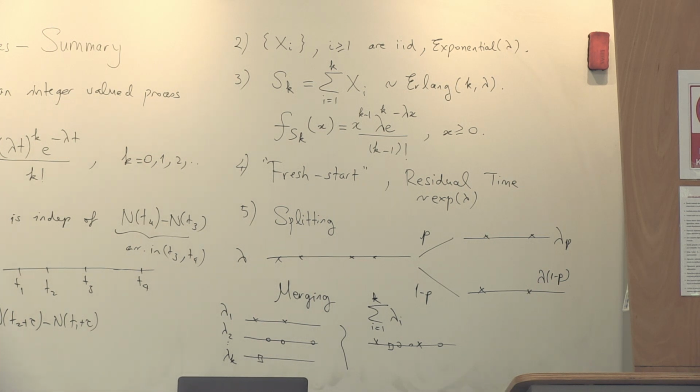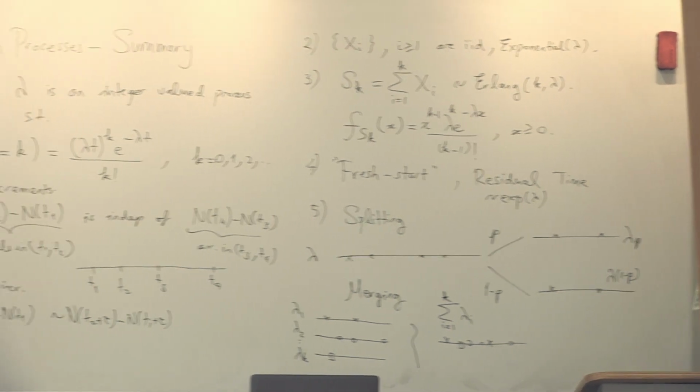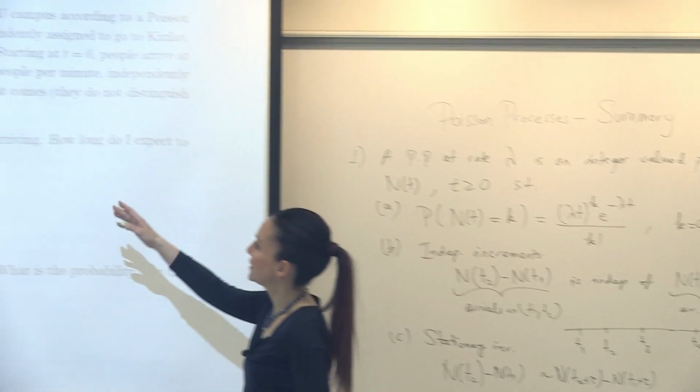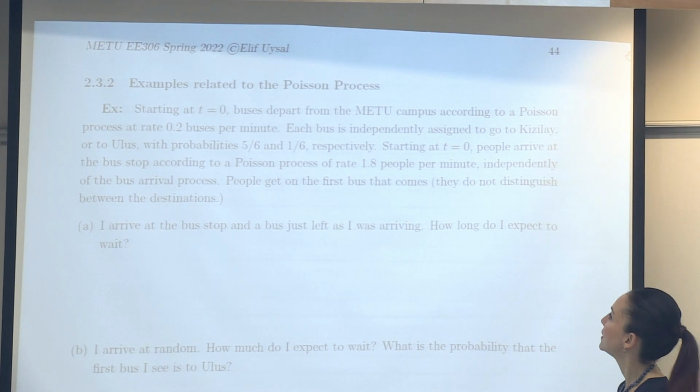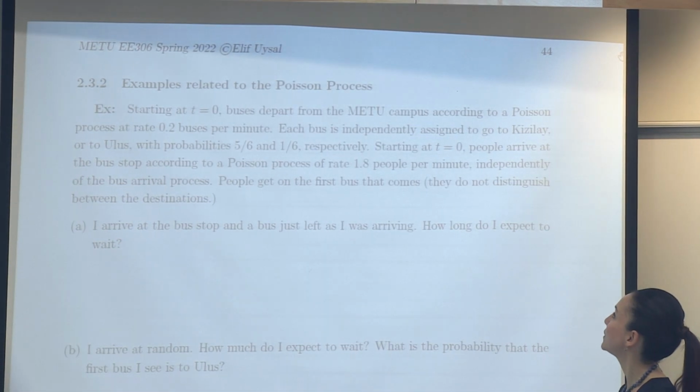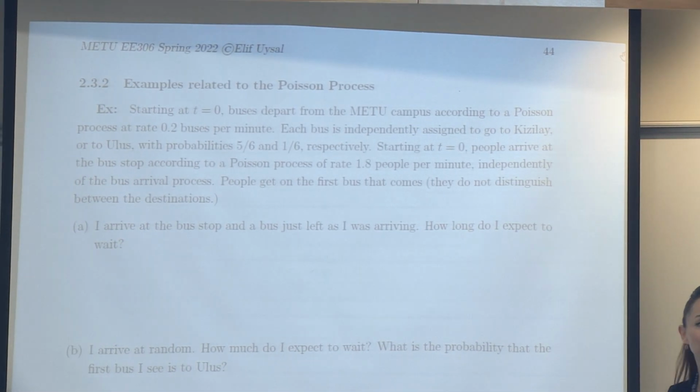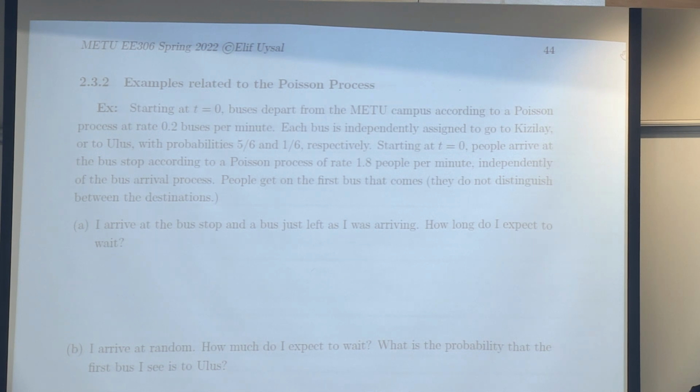Now, let's consider a problem that will allow us to exercise these properties. Here's the problem. Starting at t equals 0, buses depart from the METU campus according to a Poisson process of rate 0.2 buses per minute.